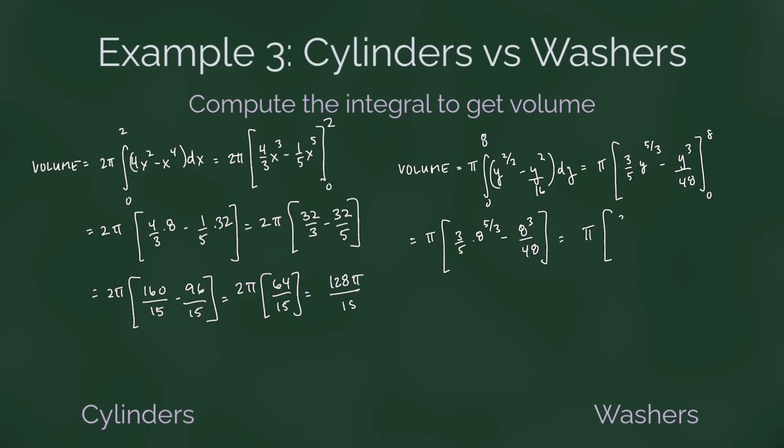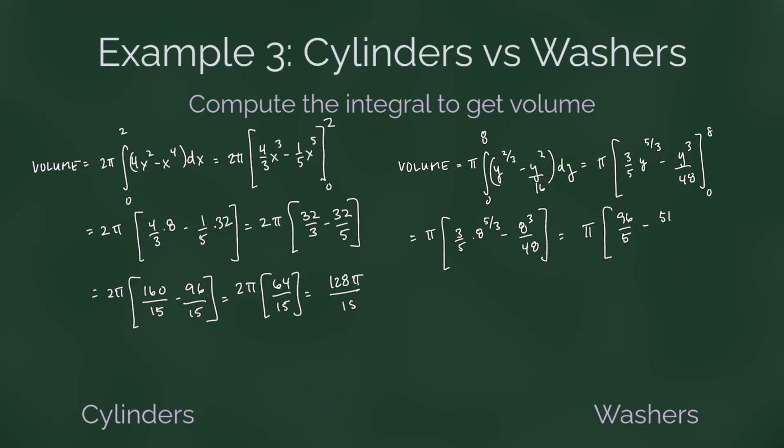So we have pi times 96/5 minus 8 cubed over 48, which is 512 over 48. We need a common denominator again. The numbers are getting kind of big.